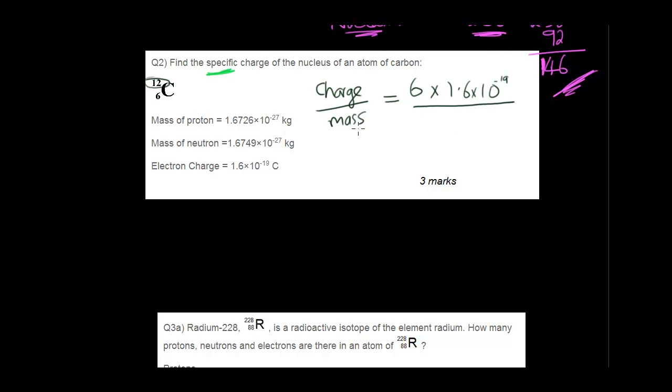So we've got 6 protons, so we're going to put this in brackets: 6 times 1.6726 times 10 to the minus 27, plus 6 times 1.6749 times 10 to the minus 27. Bit of a mouthful there. That I guess should all be in a big square bracket underneath.